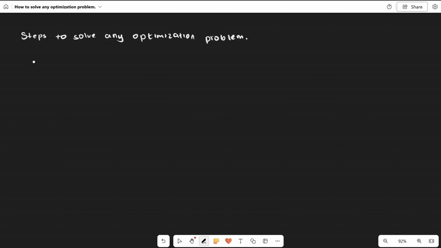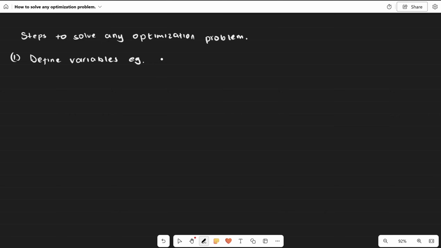So we have 6 steps that we're going to follow, right? The first step is to define variables, right? So let's say for example you are dealing with parameters and areas.